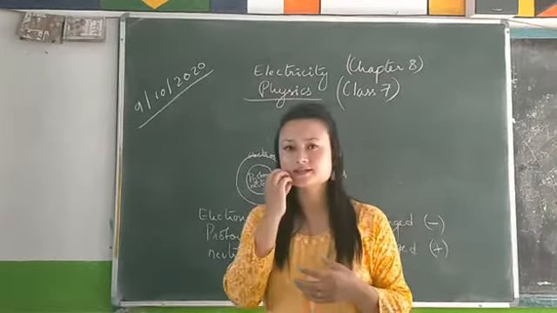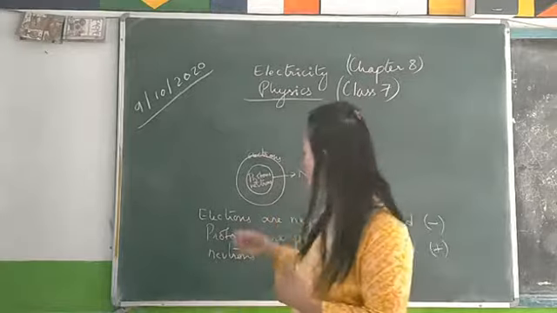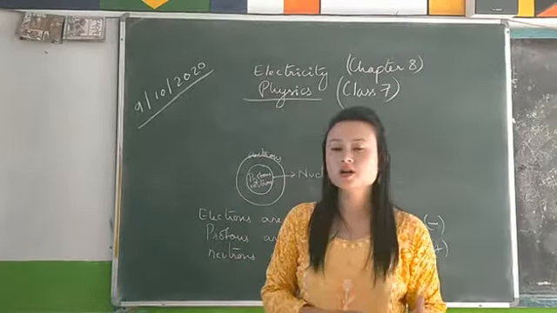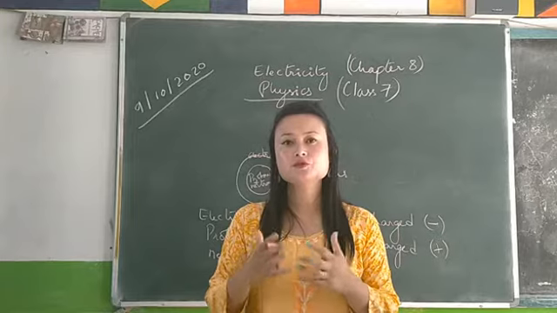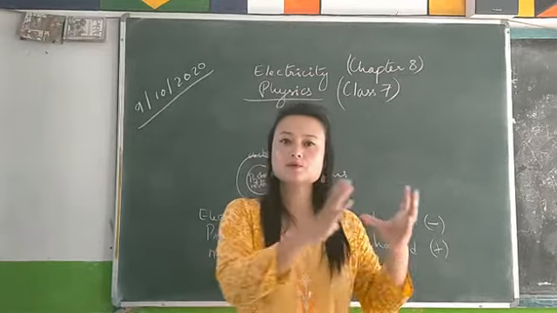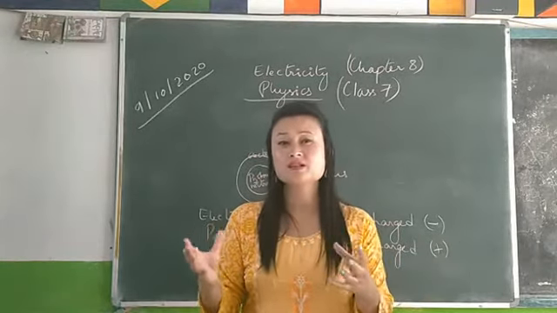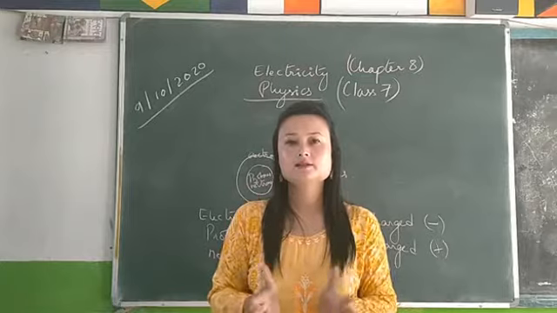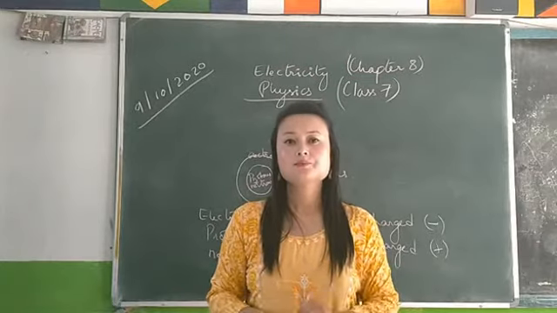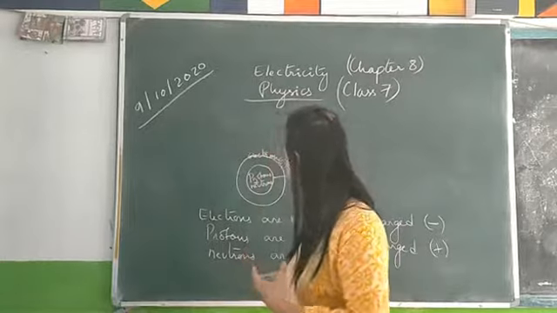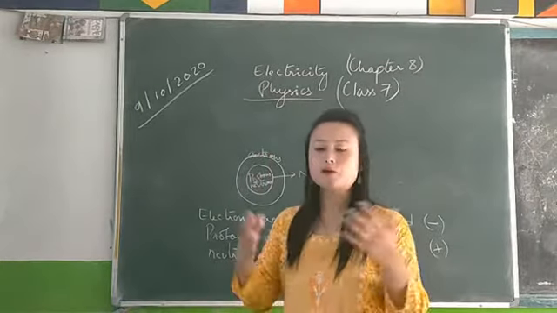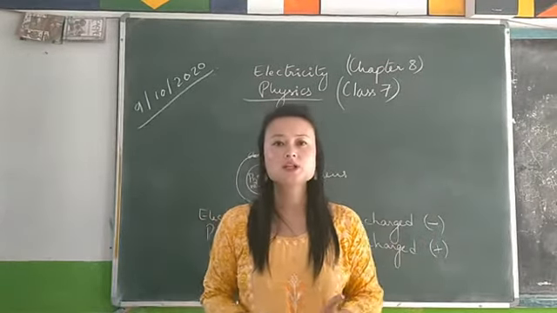Now why is an atom considered to be neutral despite having positive and negative charge? It is because the positive and the negative neutralize each other, which means the number of protons and the number of electrons are generally equal in a stable atom. Moreover, neutrons are already neutral, so the atom as a whole is considered to be neutral.